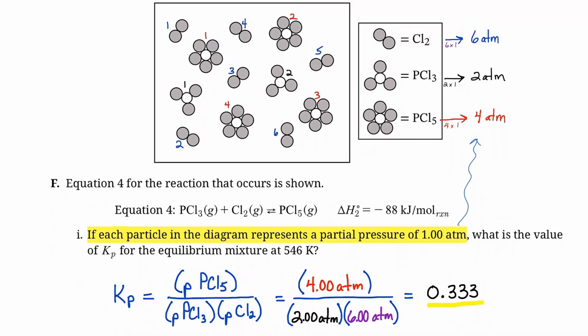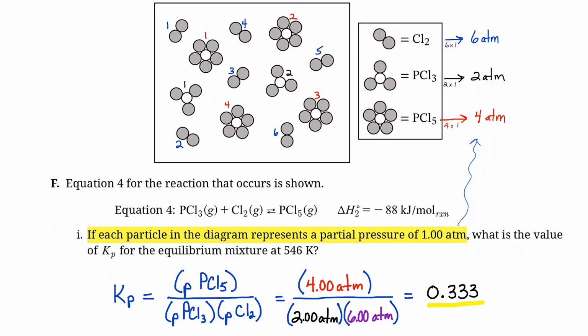So all I had to do was count the individual gases and times them by 1 atmosphere. That gave me the equilibrium values that I needed to plug into the equilibrium expression. I needed an expression first.